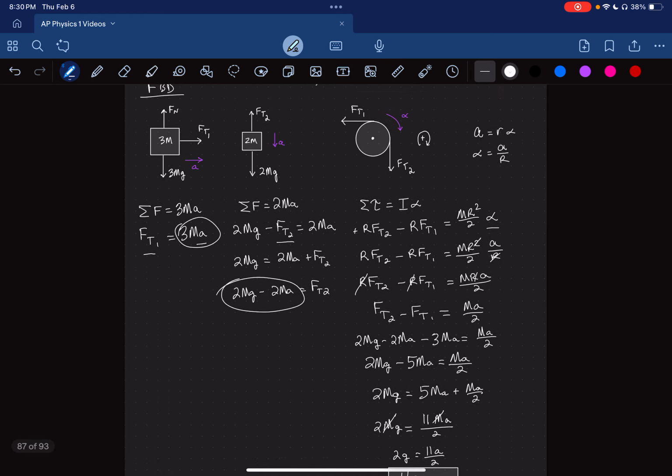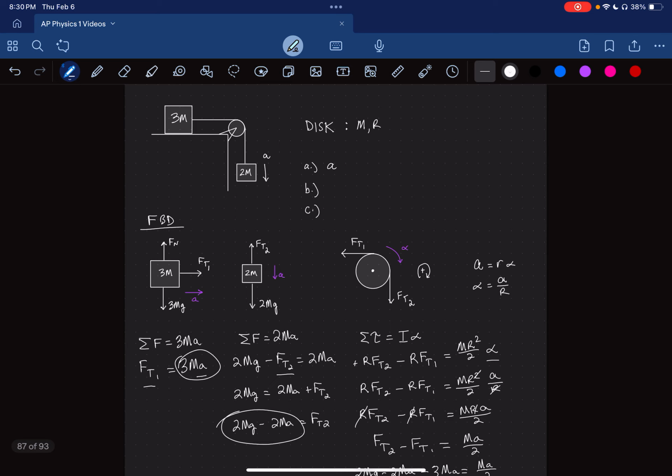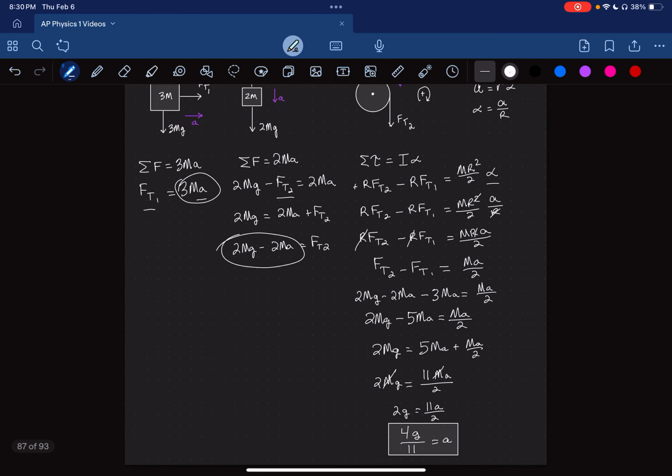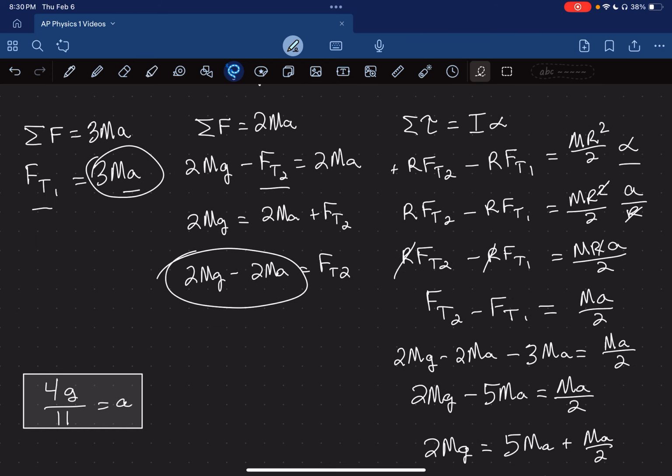Now, okay, we figured out a, and of course, what we're going to figure out now is what is FT1 and what is FT2. Let's figure out FT1. So I'm going to use this expression, so it would help if I have it handy. I'm going to bring it over here, just so it's a little bit closer for us to see.